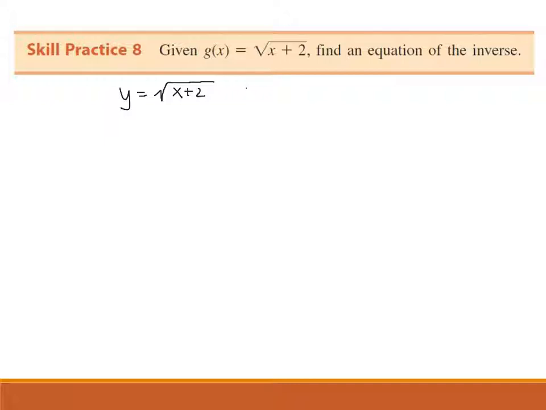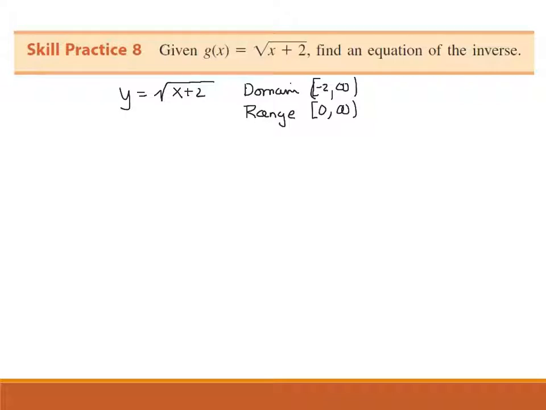So we know what the domain is. The domain can be negative 2 to infinity, right? And we also know the range. The range is going from 0 to infinity.